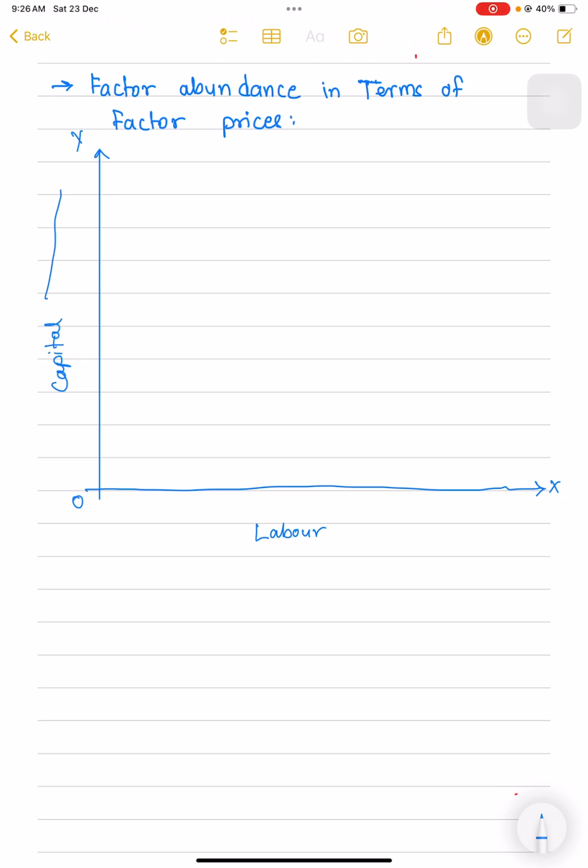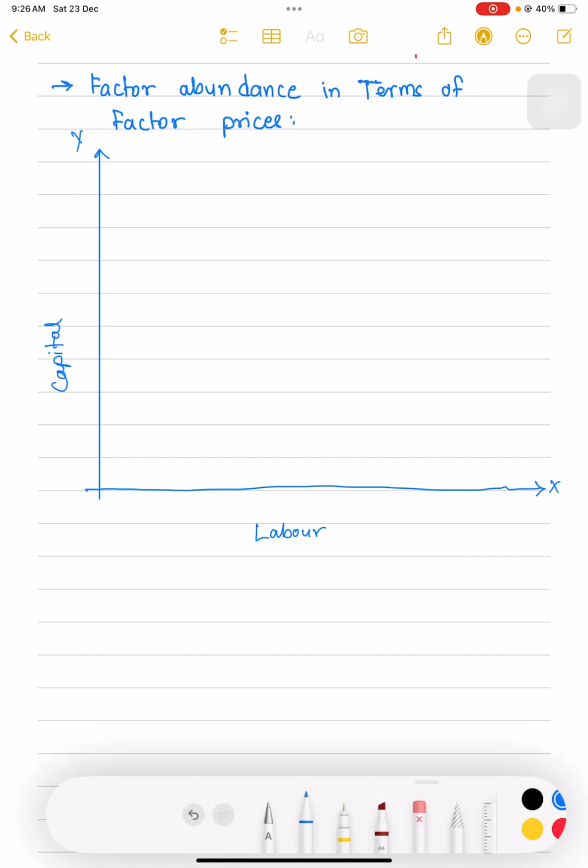As you go up, capital increases, and as you go right, labor increases. Here labor becomes 0 at this point, and if you go down, capital becomes 0. That's very basic.